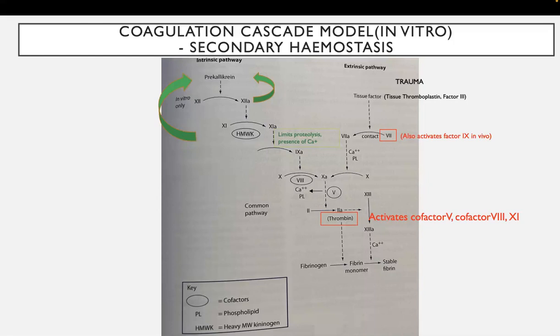The prothrombinase complex needs activated factor 10 with a cofactor, factor 5, with your calcium and your phospholipid, to activate prothrombin to thrombin. And then that's when you get your thrombin that will strengthen your fibrinogen bonds so that you can have stable fibrin to then bind onto your platelets.